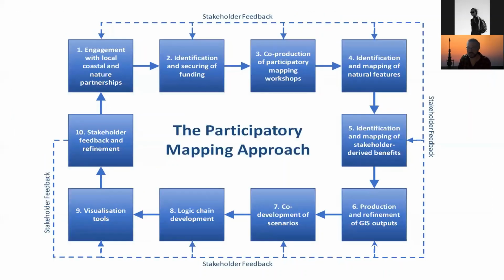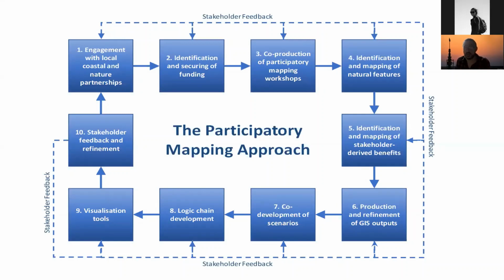So this is a big one to take on board, but we have developed essentially a 10-stage process that we ran over 3 workshops. You could add more or less to that, but we found we needed 3 workshops to do this in the community setting. This ranges from front-end engagement with communities, working very closely with the coastal partnerships and nature partnerships, which we found was a really good inroad to unlocking some of the community expertise and community interests around their coastal systems.